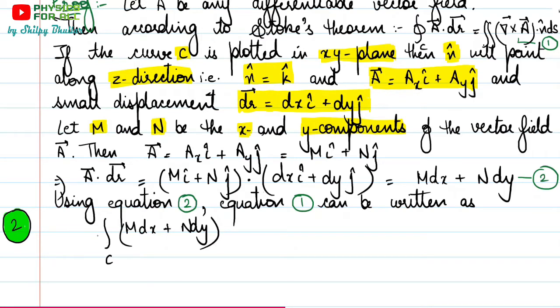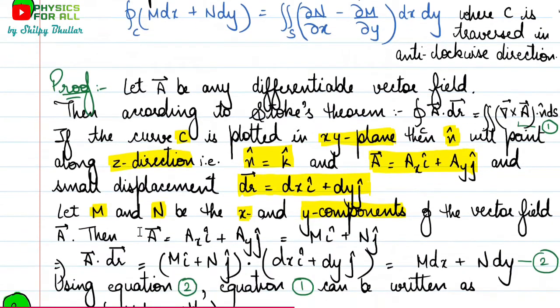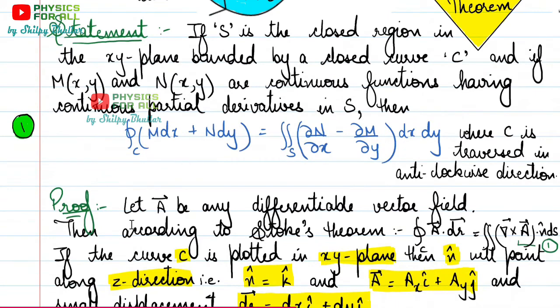Now I have removed the circle that we used to write. Now we are not writing it. Why? Because now we don't know whether the curve or the boundary that we are talking of is closed or not. Though we know that the curve is closed and we can still use it, there is not much of a difference.